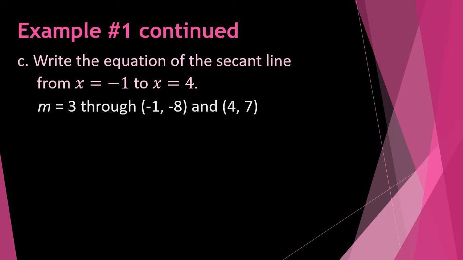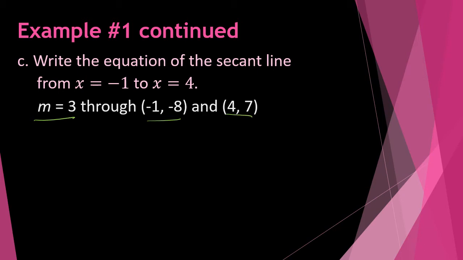So this time they say, let's write the equation of the secant line from -1 to 4. On the previous slide, we found the slope. So my slope of my line was 3, and it goes through those 2 points.